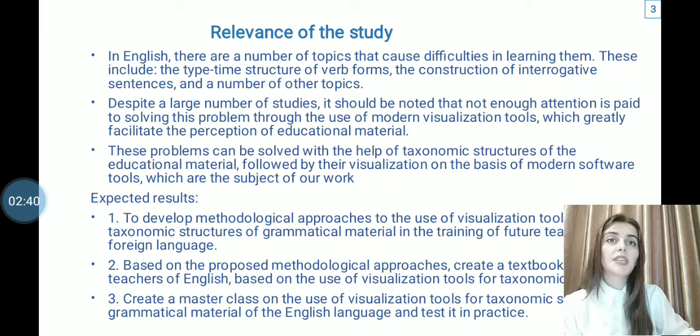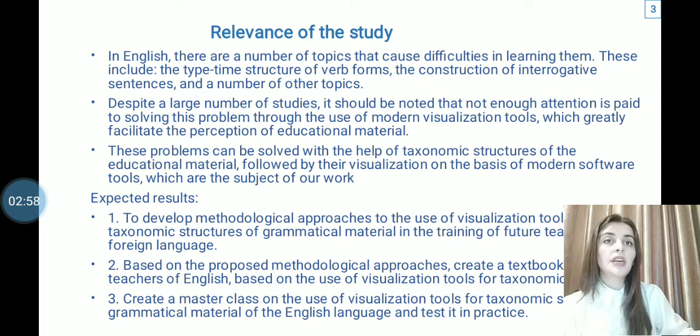These problems can be solved by using the taxonomic structures of the educational material with their subsequent visualization based on modern software tools, which are the subject of our article.